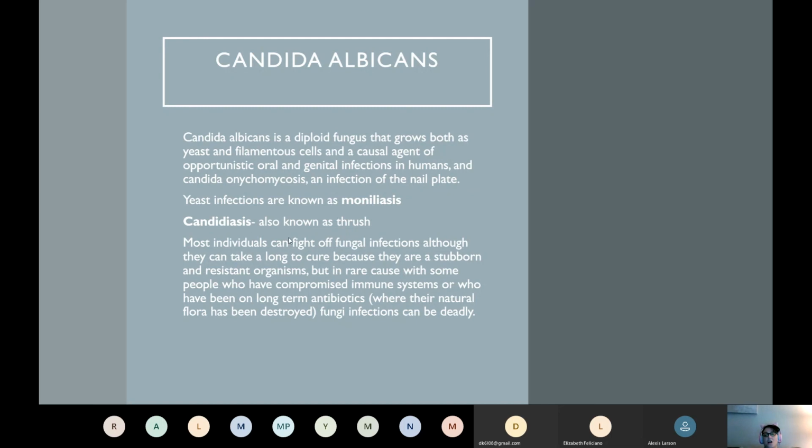There's another type of fungus that you should be familiar with. If you've ever had a baby and the doctor's like, oh, they got thrush, that's candidiasis. Thrush is when babies, or even sometimes adults, will get a white coating on the roof of their mouth and their tongue. It's a fungal infection. And it's usually because the nipple, bottle, or breast wasn't properly cleaned.